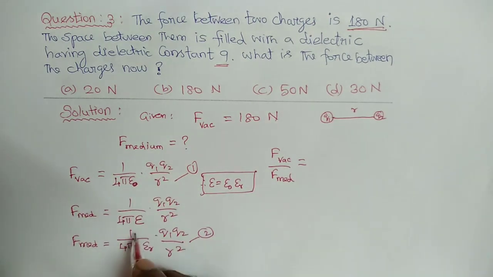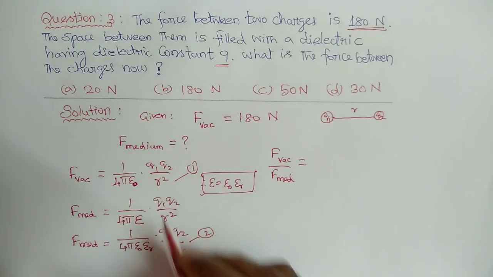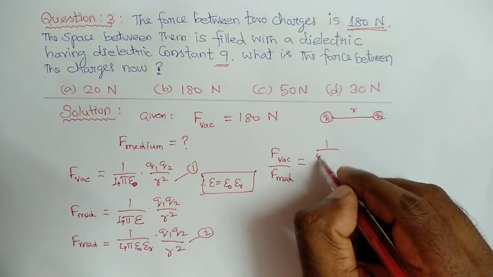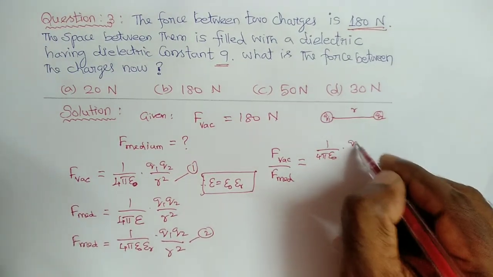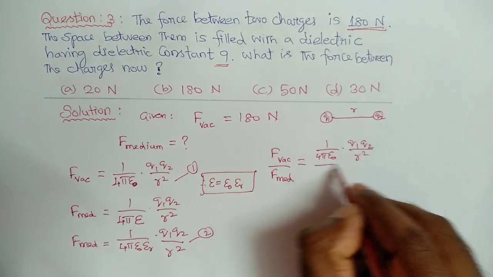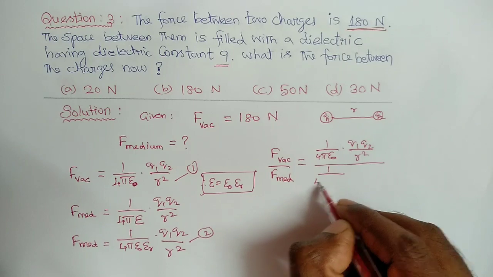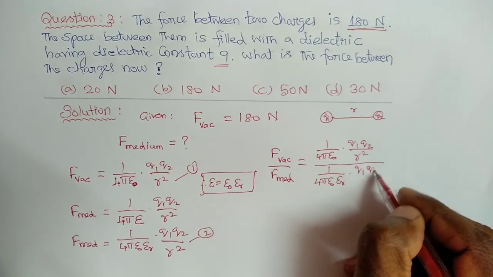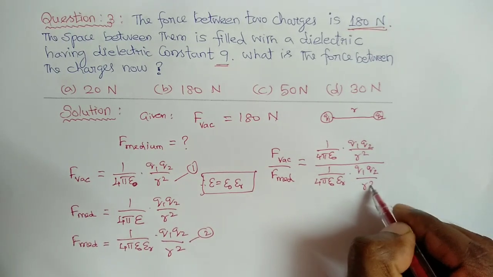So 1 by 4 pi epsilon naught cancels, Q1 Q2 by r square cancels. So the remaining thing is 1 divided by epsilon r. So better you write 1 by 4 pi epsilon naught Q1 Q2 by r square whole divided by 1 by 4 pi epsilon naught epsilon r Q1 Q2 by r square.